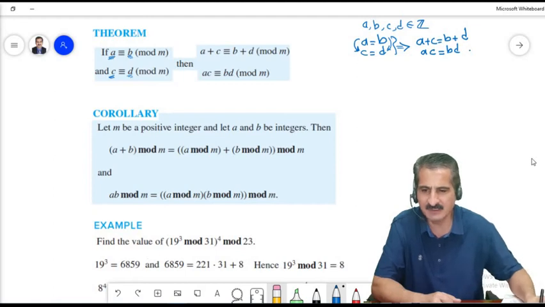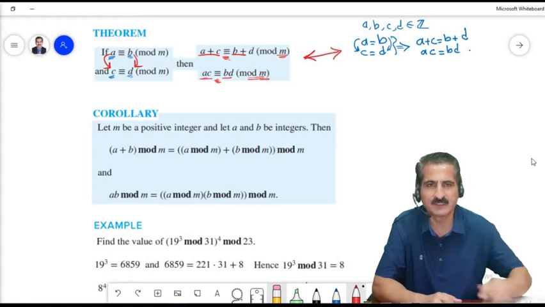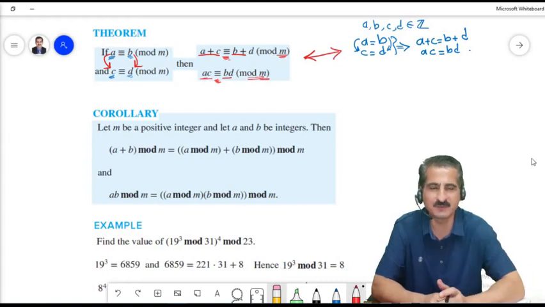And this is what we are seeing here. If we add a to c and add b to d, we still have congruence modulo m. The equality still happens. Or if we multiply them, we will still have congruence modulo m. It is very similar to this property. It is the same property, but here we are working modulo m.